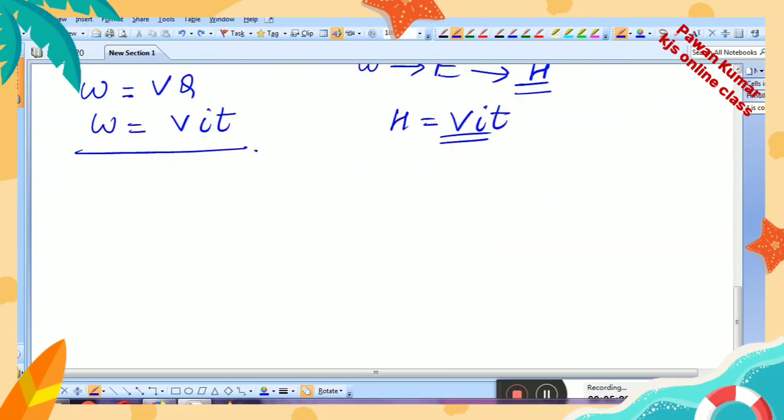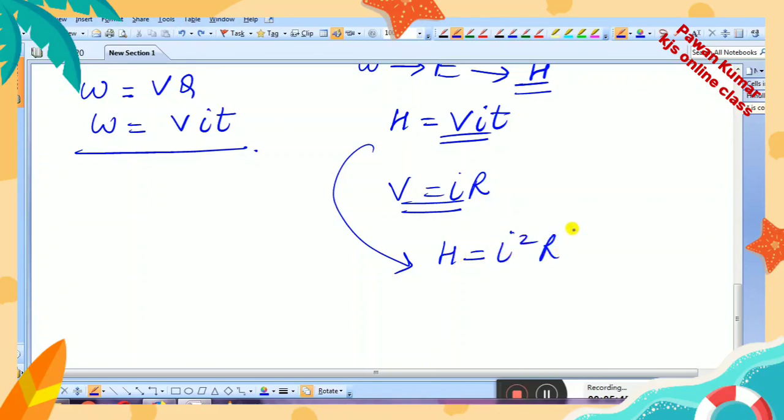Now you will say, sir, it is not the same formula which we studied. But V is equal to IR from Ohm's law. If you replace this V here, you get H equals I square RT, and this is the end of the short derivation.